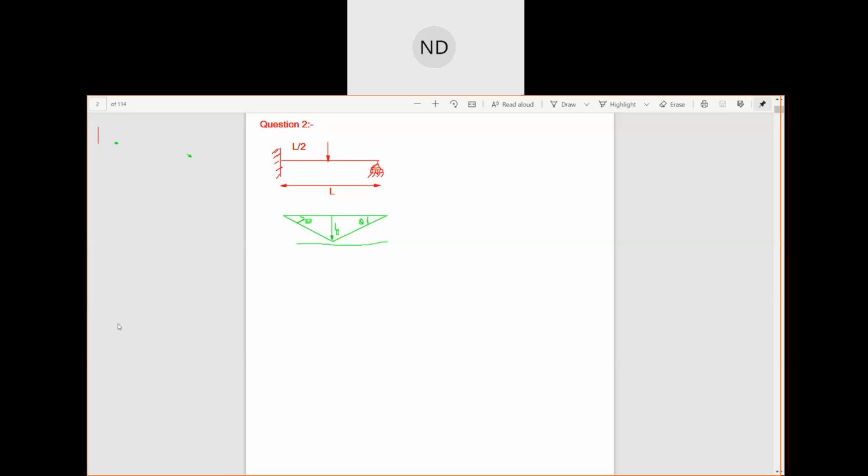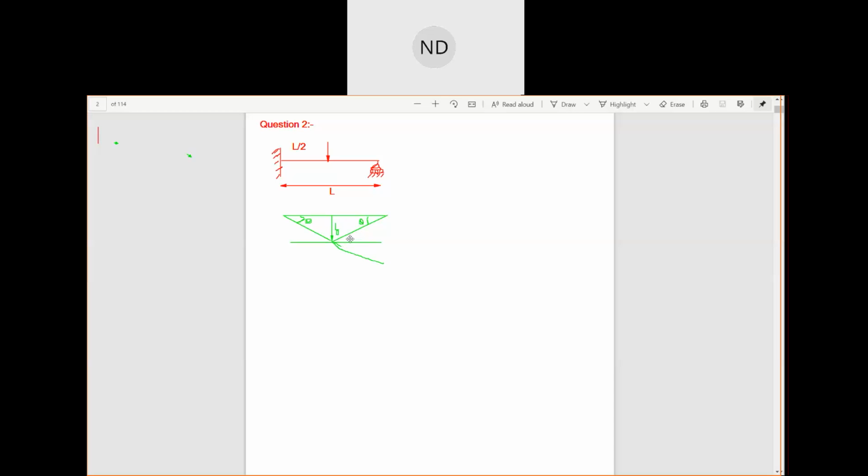What is this angle here? This will also be theta.